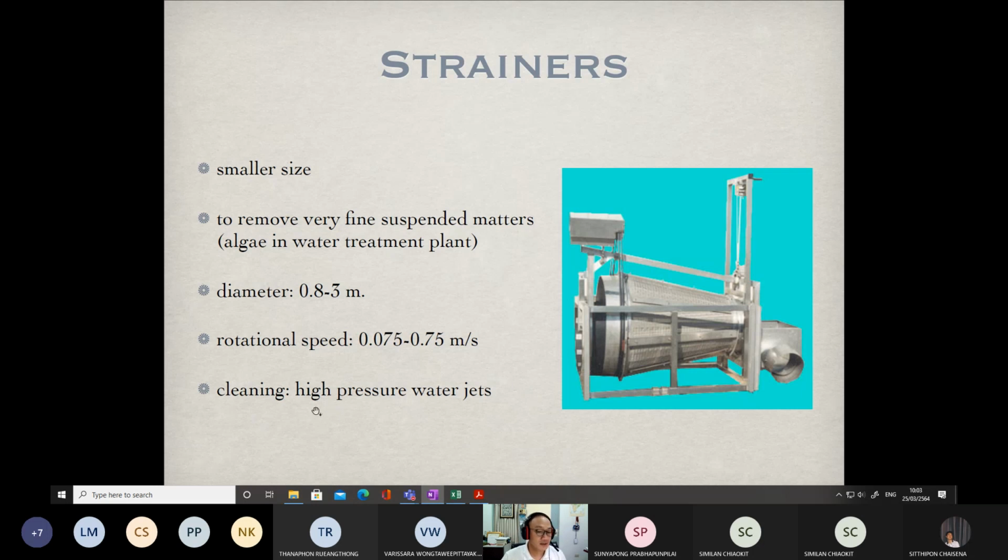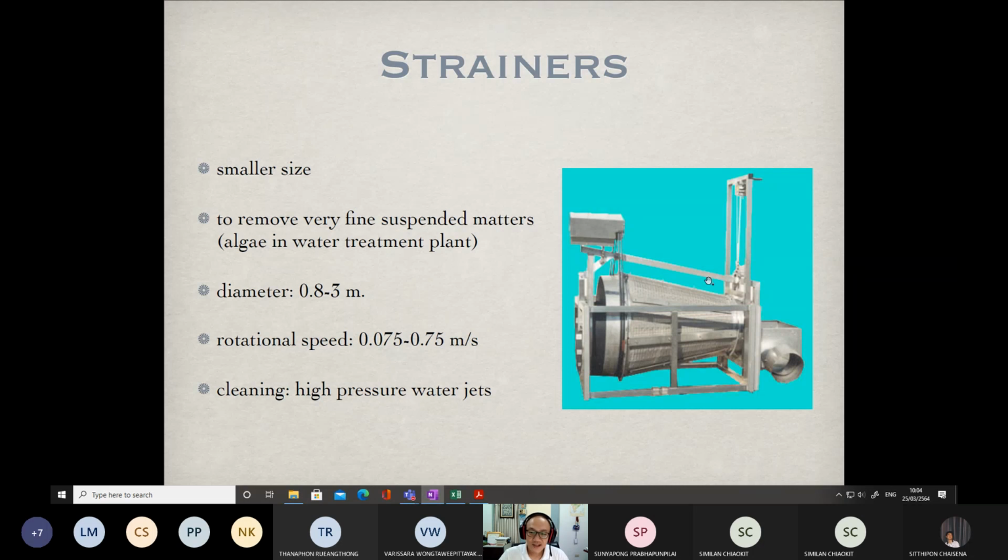Sometimes we need to clean. So it's totally different from the previous figures. The mechanical equipment just removes the trash by taking it out from the water and putting it in the trash can. But for this one, as the trash gets stuck inside, in order to clean this screen, we usually provide a high pressure water jet.